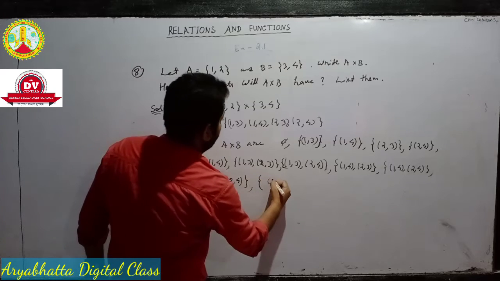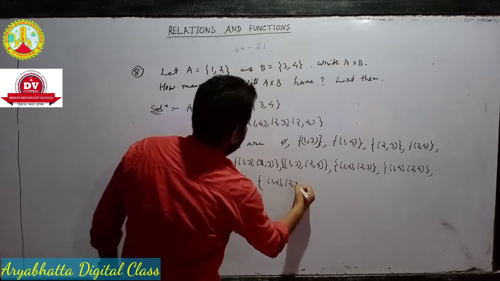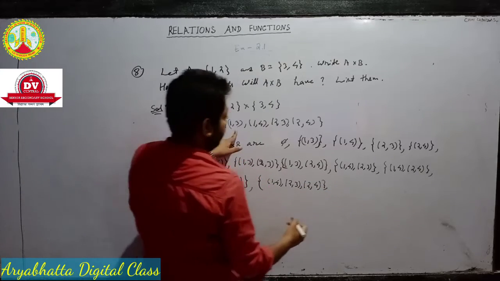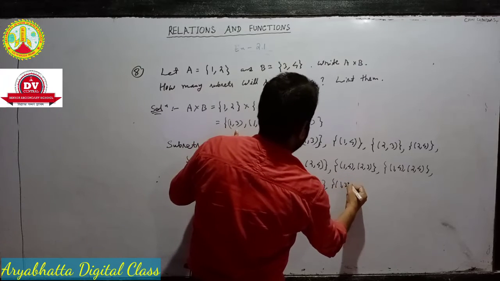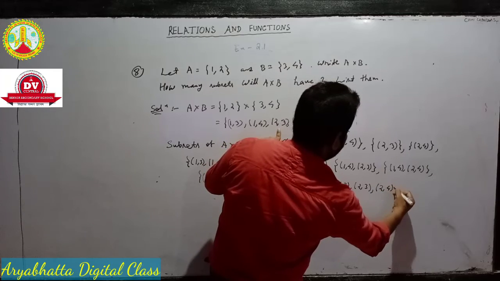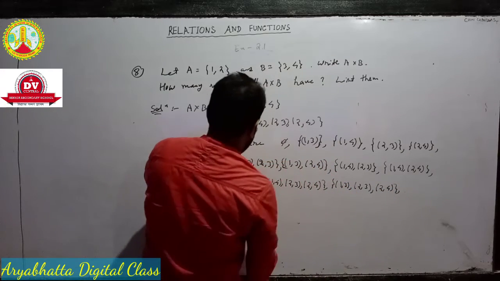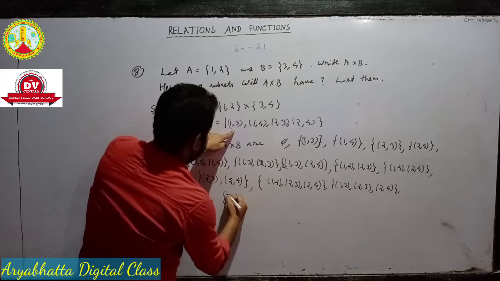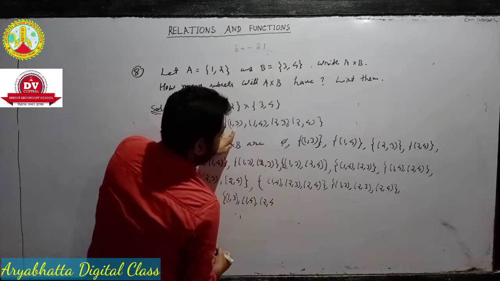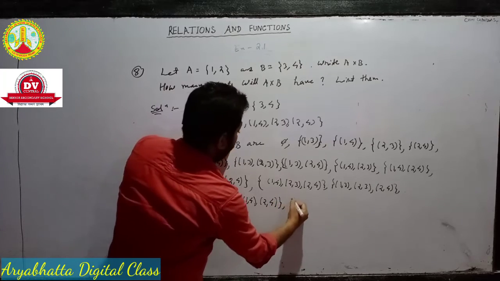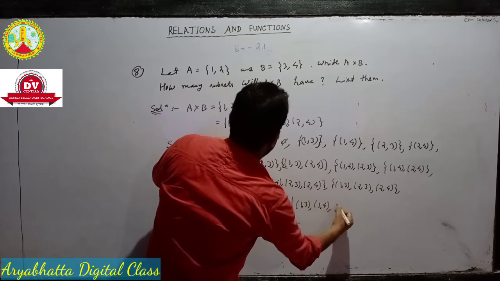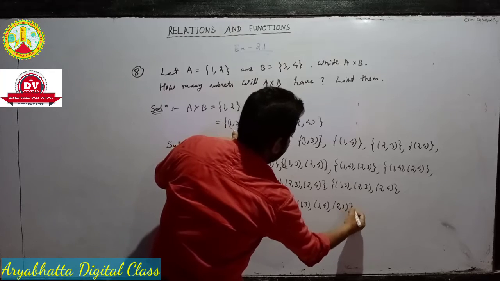Next, the three-element subsets: {1, 4, 2, 3, 2, 4}, {1, 3, 2, 3, 2, 4}, {1, 3, 1, 4, 2, 4}, {1, 3, 1, 4, 2, 3}.